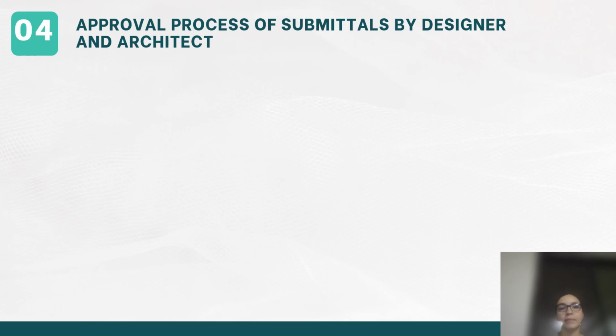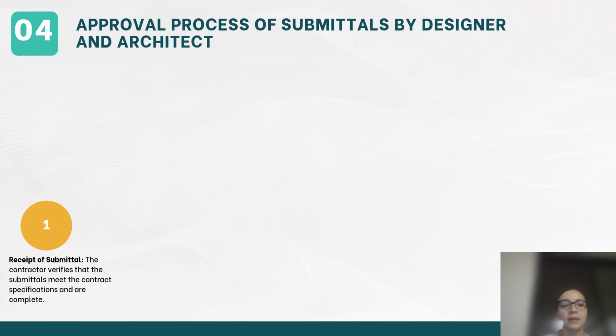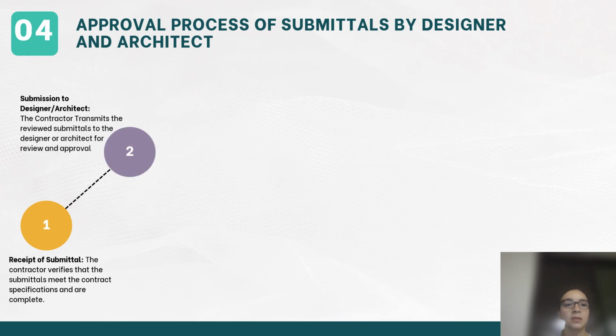So, the approval process involves several steps. The first one is receipt of submittal. The contractor verifies completeness and compliance with contract specifications. The next one is submission to designer and architect.